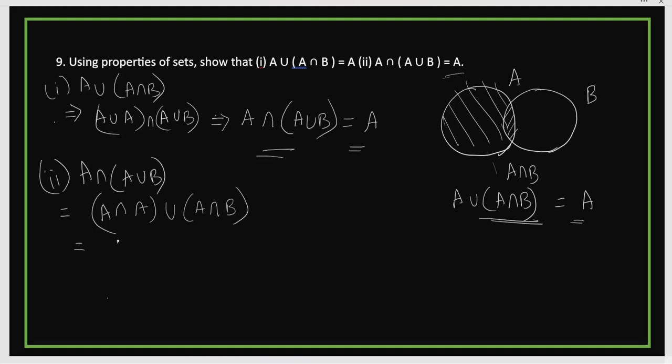What is common between A and A? A itself. All the elements of A are common to the other A. So this is A union (A intersection B). A union (A intersection B) is what? Again A. So this is A. How beautiful the solution is.